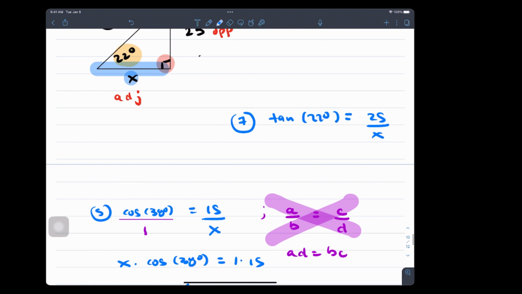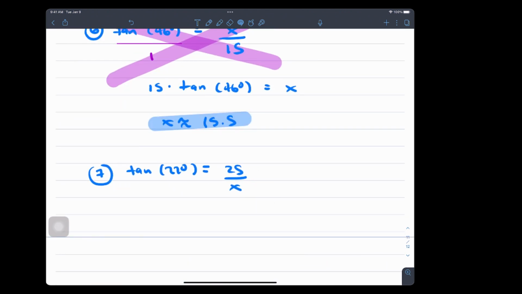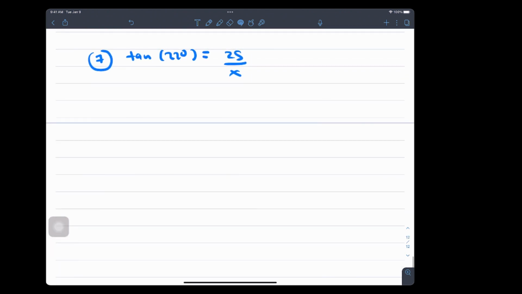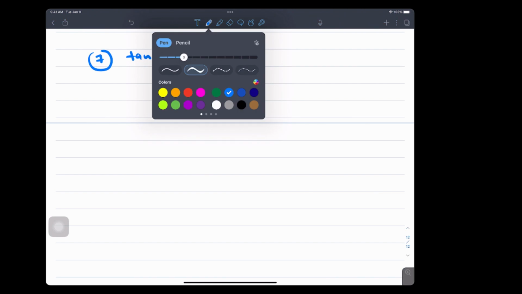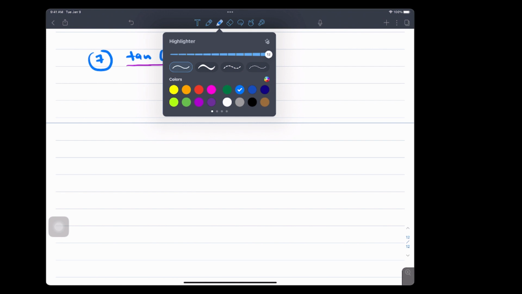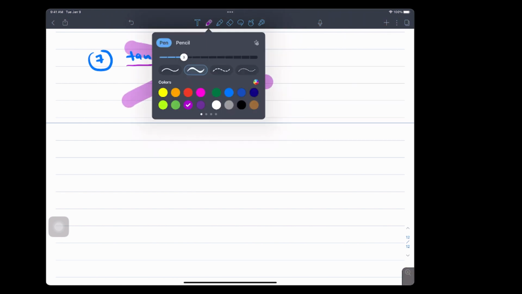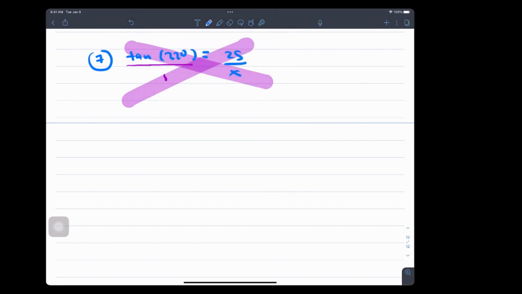Number 7. Divide this by 1. Cross cancel. What do you end up getting? x times tangent 22 degrees is 1 times 25. Is that right?